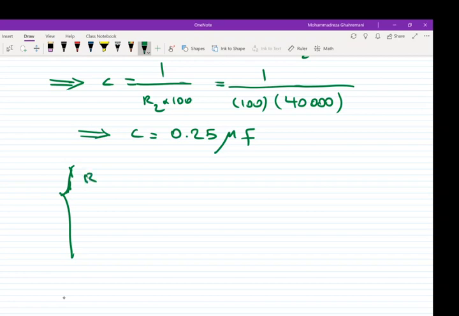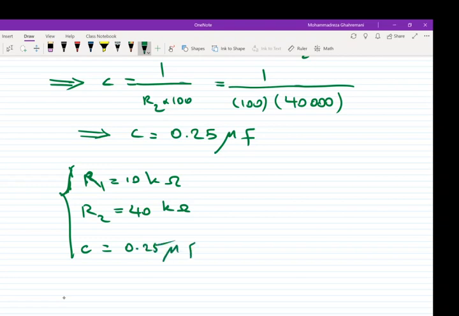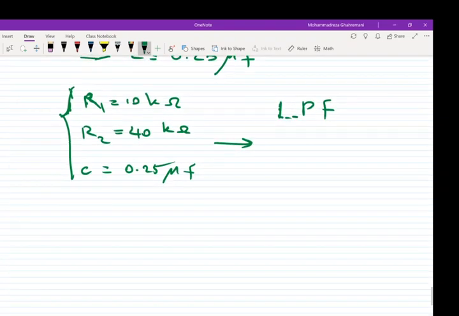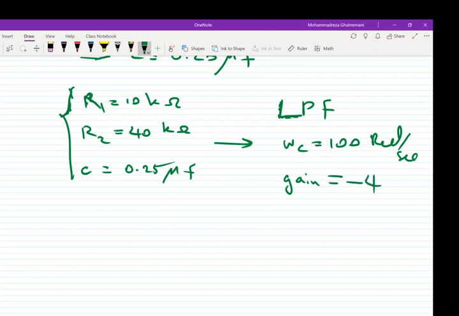So if R1 is 10k, if R2 is 40k, and if C is 0.25 microfarad, we will have a low pass filter with cutoff frequency of 100 radian per second and gain of negative 4.